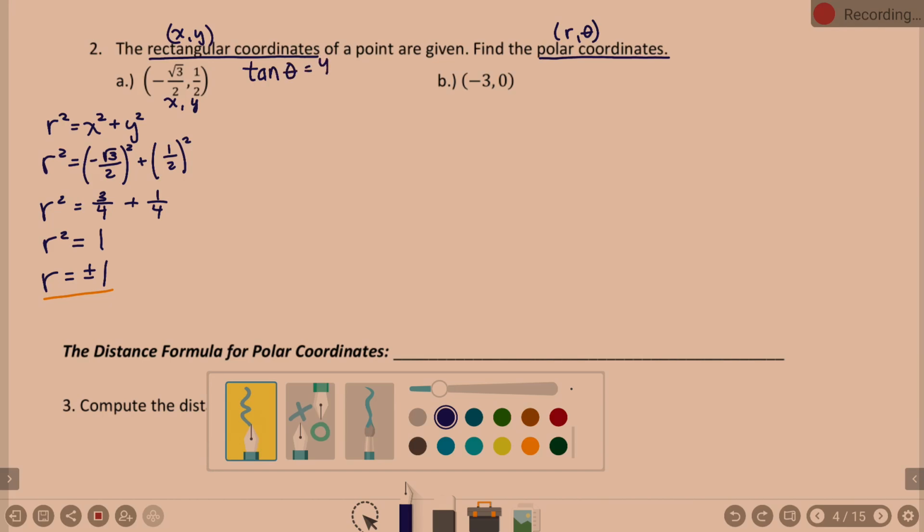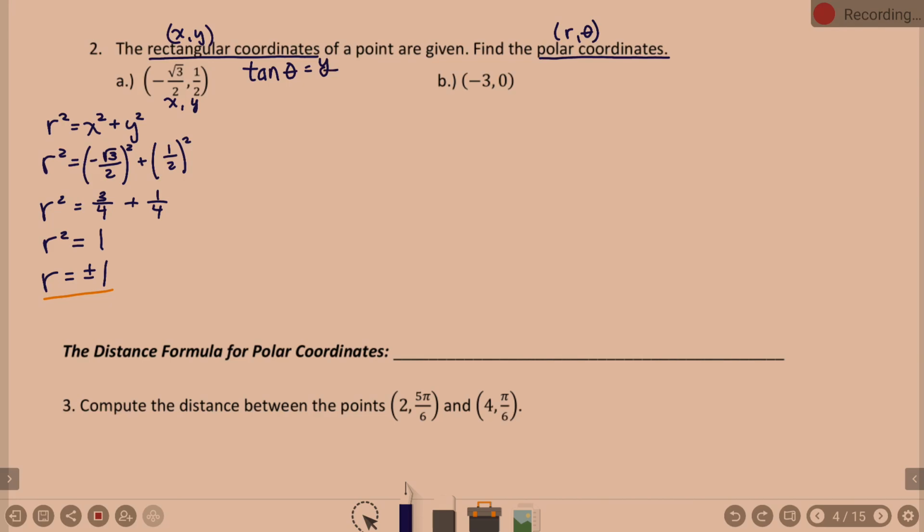So tan theta equals y over x. In this scenario, it's not going to be pretty for the first moment, but it will become pretty. Y is going to be 1/2 divided by x, which is negative square root of 3 over 2.